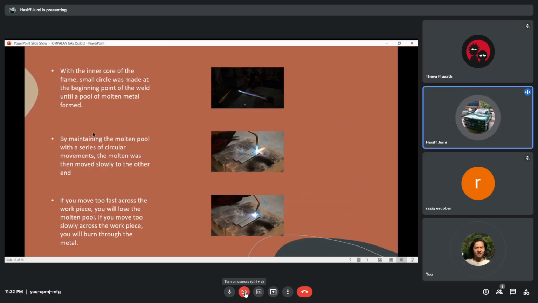With the inner cone of the flame, a small circle was made at the beginning point of the weld until a pool of molten metal formed. And then by maintaining the molten pool with a series of circular movements, the molten pool was moved slowly to the other end. If you move too fast across the workpiece, you will lose the molten pool. If you move too slowly across the workpiece, you will burn through the metal.